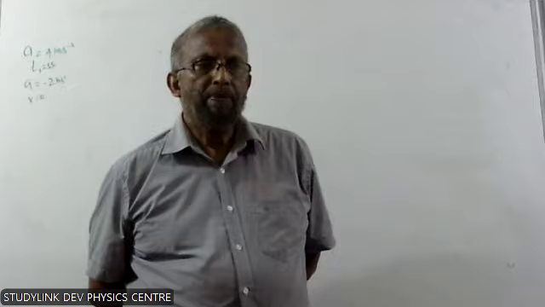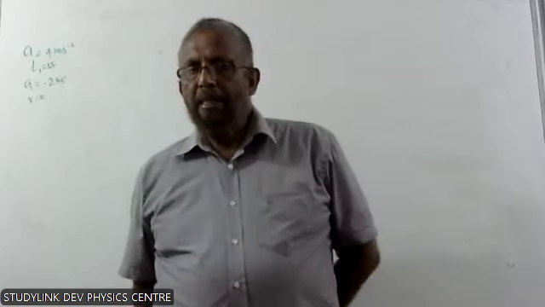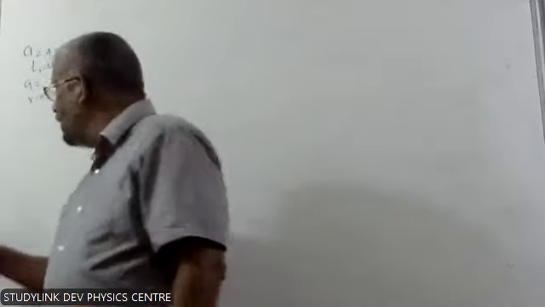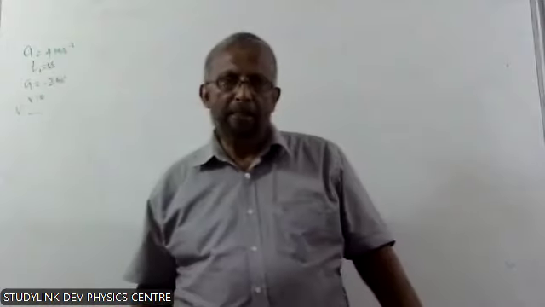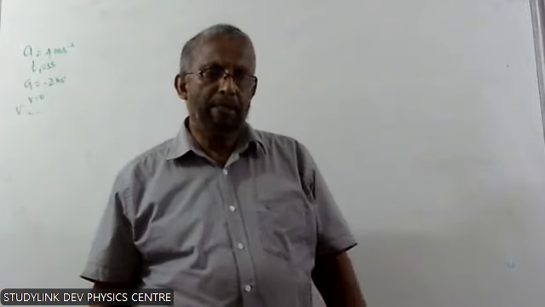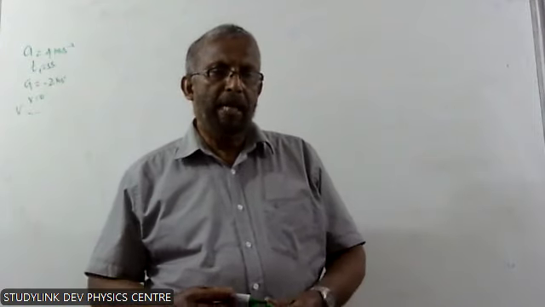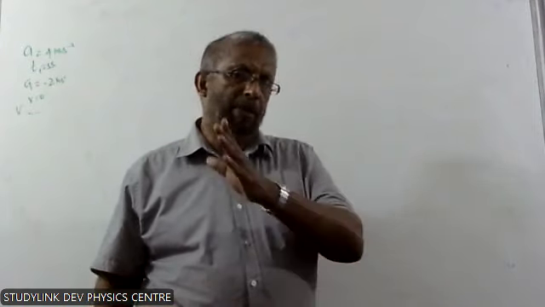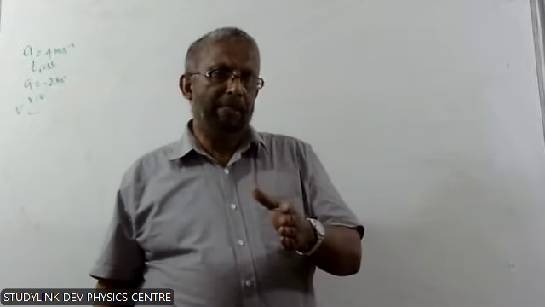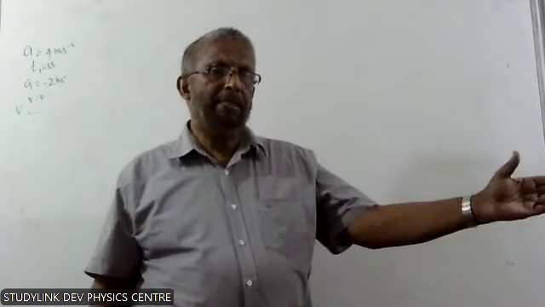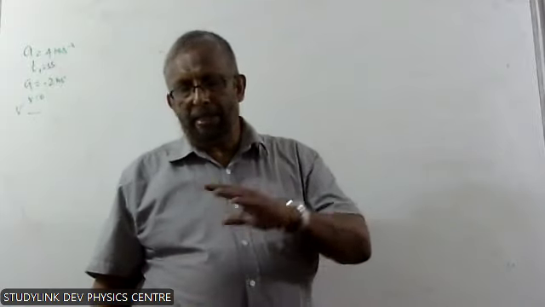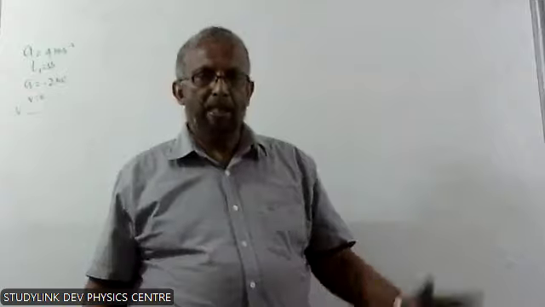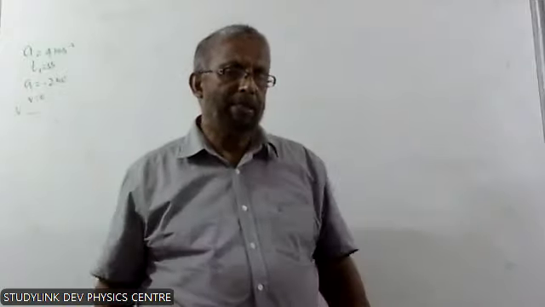Then other parts I will ask, what is the total distance the car travels? There what you have to do is consider the first distance as S1, second distance as S2. S1 is under acceleration, S2 is under deceleration. Add them together, then total distance.